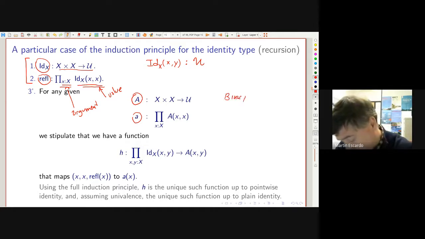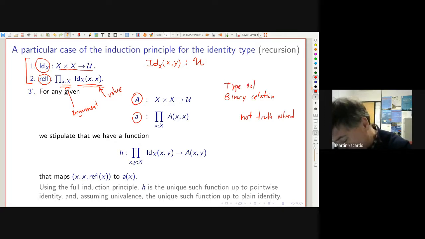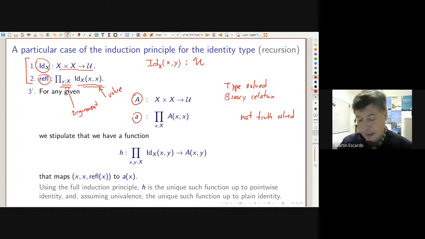But now it is not truth valued. Instead, it is type valued. And why is it type valued? This is to account for the fact that you can identify the same thing in more than one way, like in the examples I gave before. So it's a type valued binary relation. Remember, U is the large type of small types.